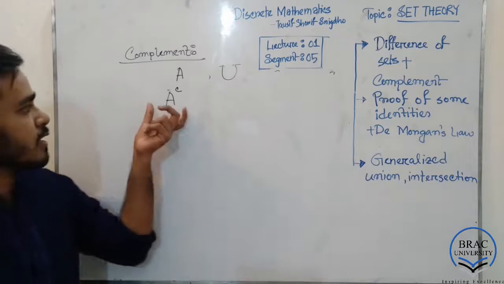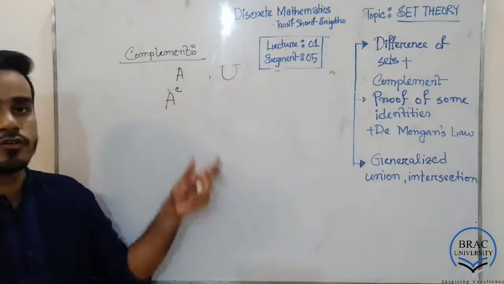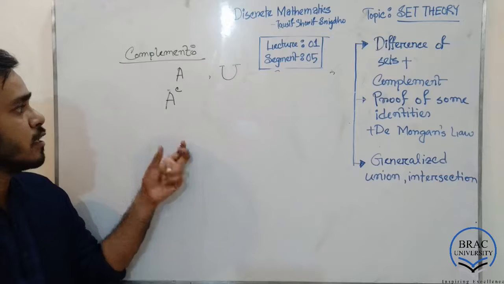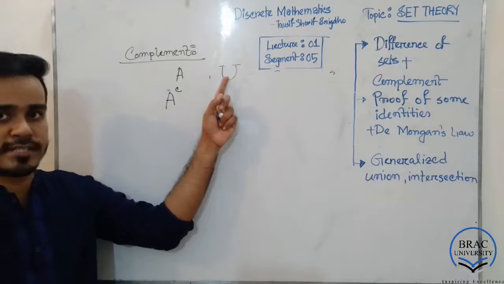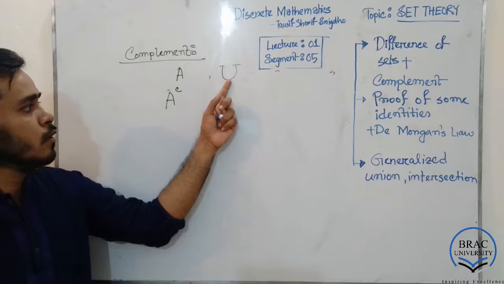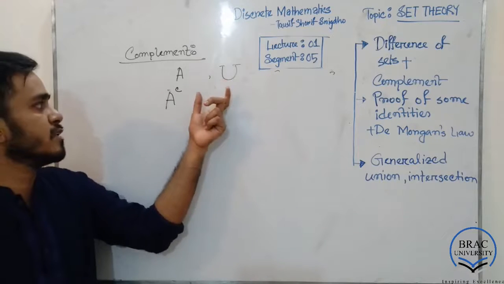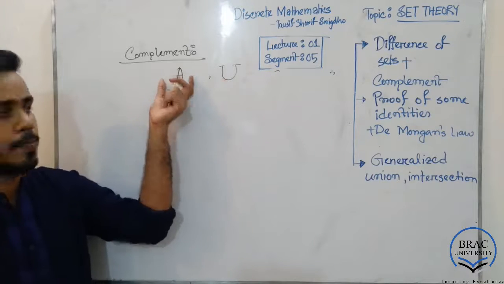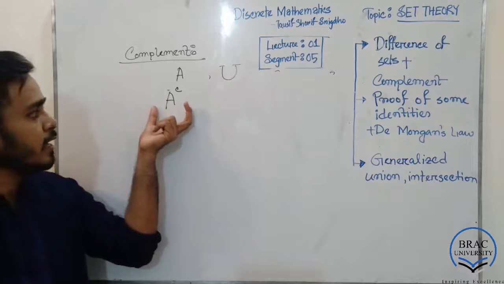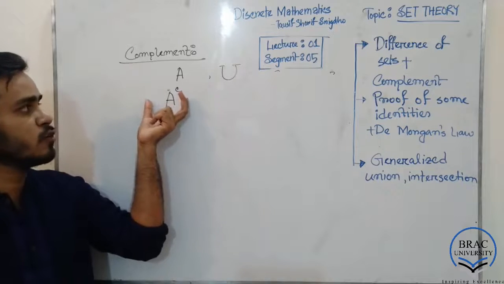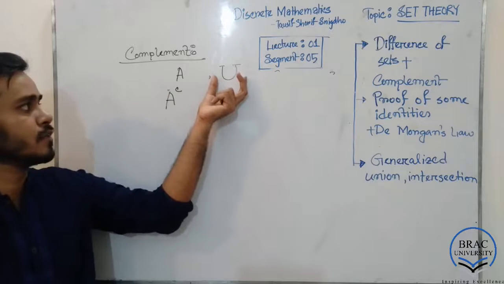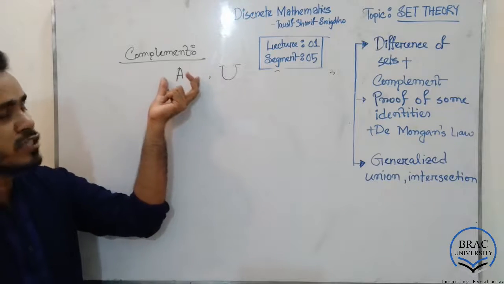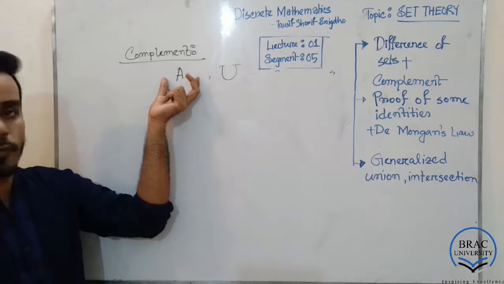The set A^C refers to a set that contains all of the elements of the universal set U, but none of the elements of set A. I repeat, complement of A is a set which contains all of the elements of the universal set, but not any of the elements from A.